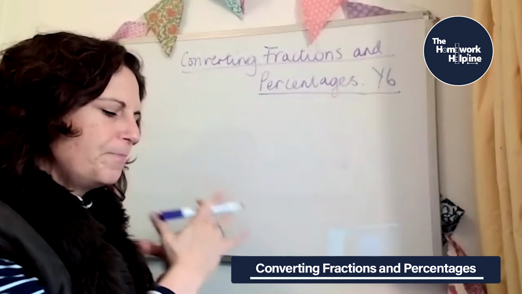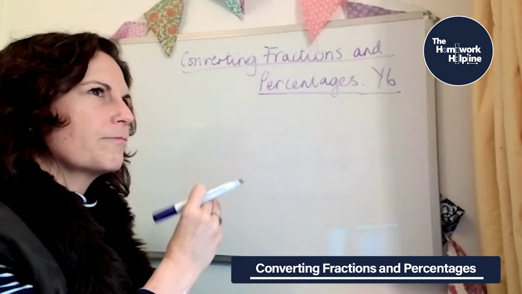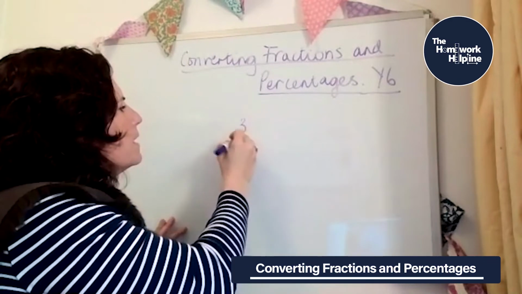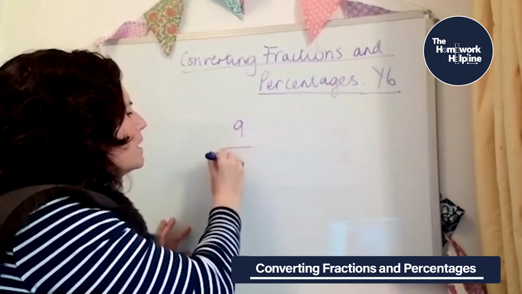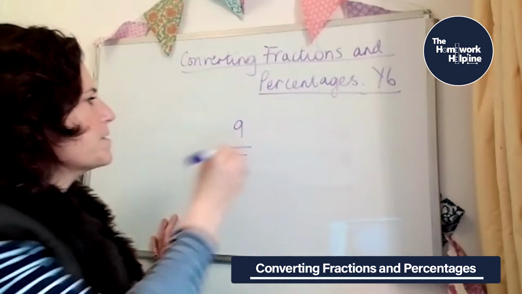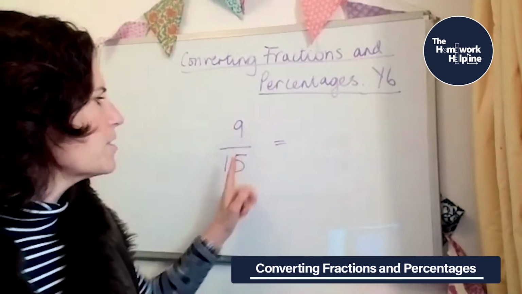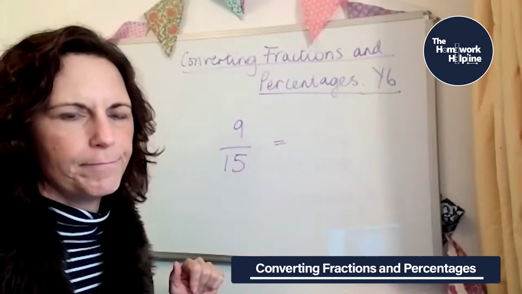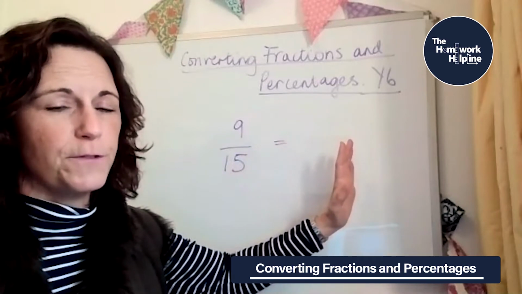I'll do one more of those because they're not always that straightforward. Let's take it one step further and do 9/15ths. This is where it gets a little bit tricky, because I can't turn 15 into 100 straight away, because 100 is not a multiple of 15.